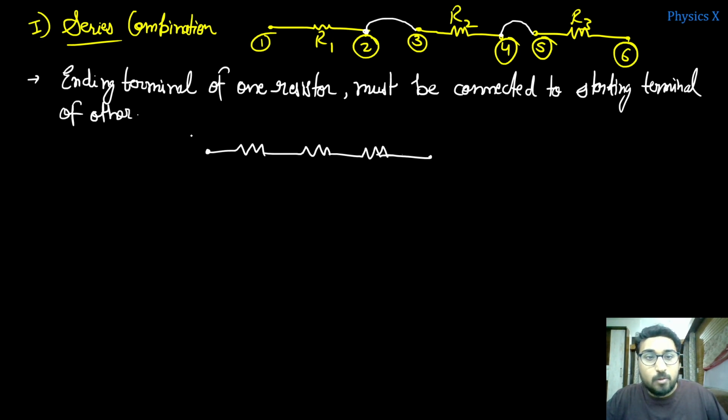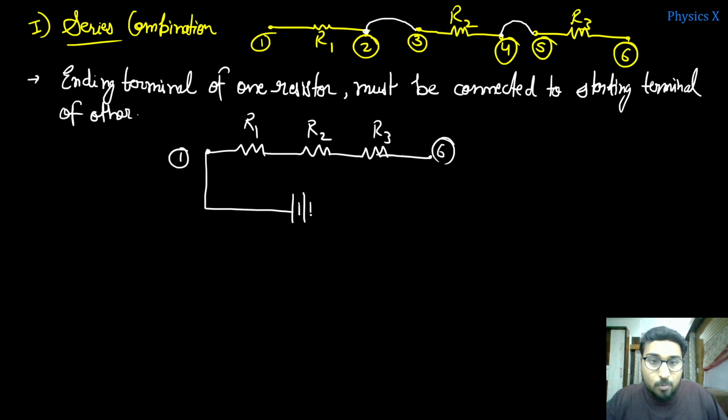So this is your first terminal and this is your sixth terminal. Now you have a combination like this, and across the first and the last terminal of this combination, suppose I apply a potential difference through a battery. That is, the value of this is V volts. This combination is called a series combination.